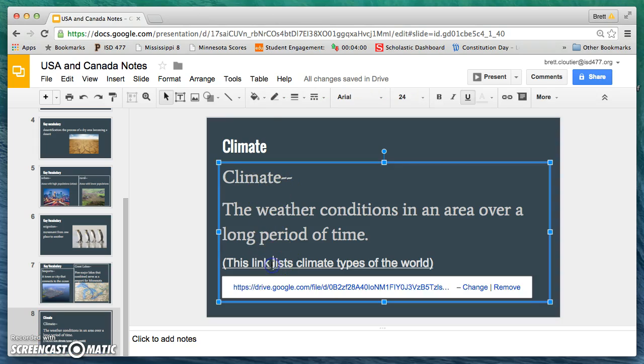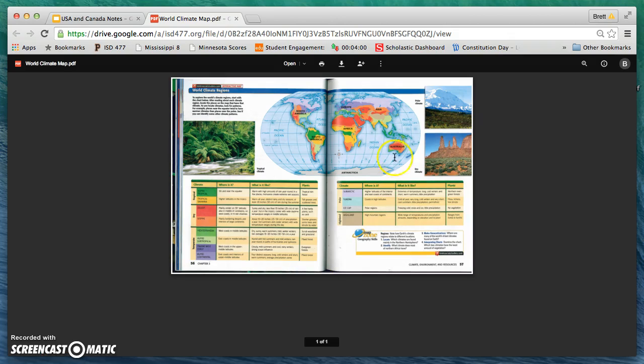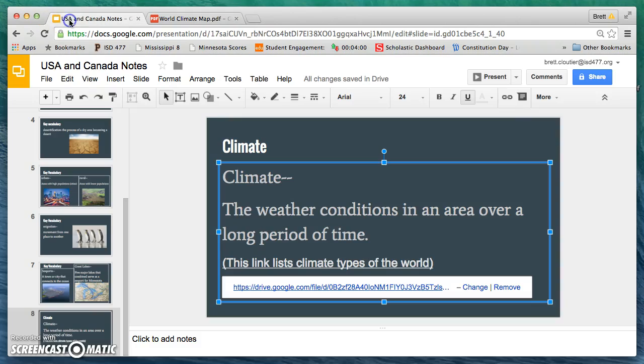And if you click on this link, it brings you to this screen that has the climate types across the world. This is the page that I scanned from our textbook that you would have used on the activity in class on Tuesday and Wednesday when dealing with climates. And here you go. Again, climate, weather conditions in an area over a long period of time.